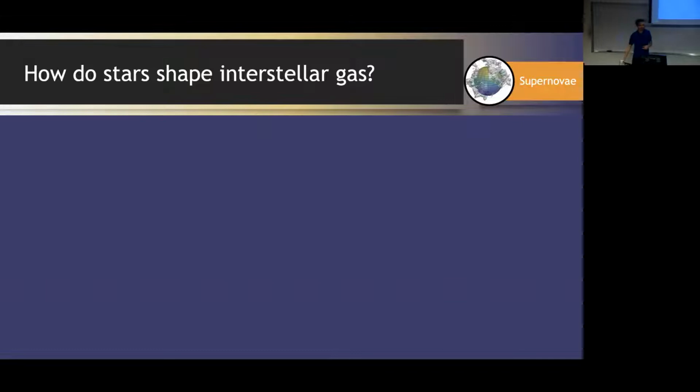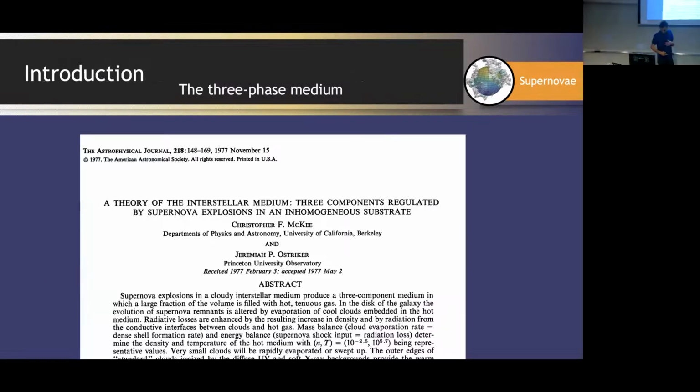It's very useful. Okay, so let's start with supernova. The idea of supernova interaction with the interstellar medium has been studied since the 70s, and there was a seminal paper by Chris McKee and Jerry Ostriker, predicting that if you consider the rate of supernova in our galaxy, or star formation rate, and the effect of heating and ionization by the supernova remnants, you basically get an interstellar medium that is full of voids, with hot gas that occupies a large and significant fraction of the volume.